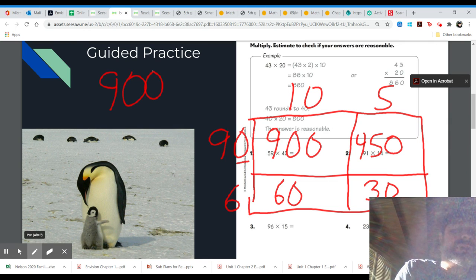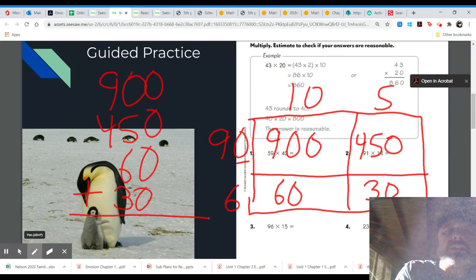Can you guys see that? Sorry. I don't know if I'm covering that. All right. So that's 900 and 450 and 60 and 30. And we'll add those up. Let's see, all zeros in the first row.